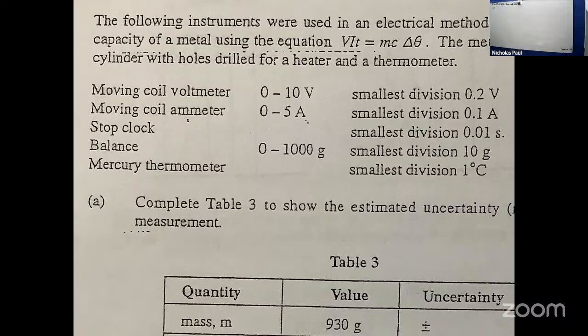Let's see if we can come to the table. They gave you the formula, BIT equals MC delta theta, and they want you to find the error in C. They gave you all the smallest readings.